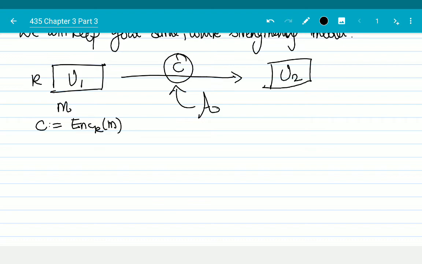Now we want a slightly better model. Again, U1 is still sending a message to U2.